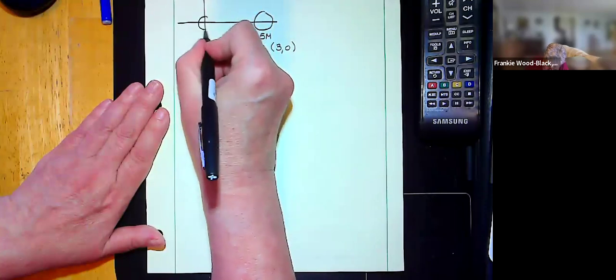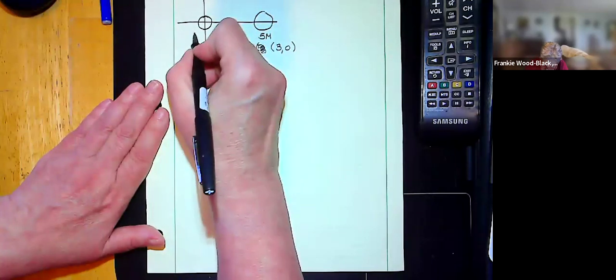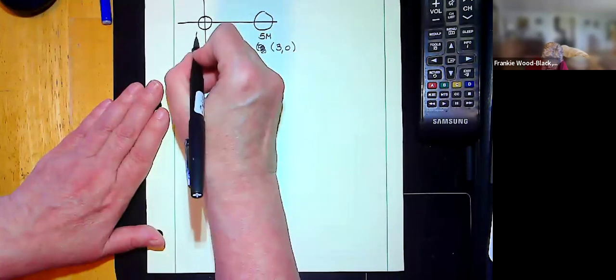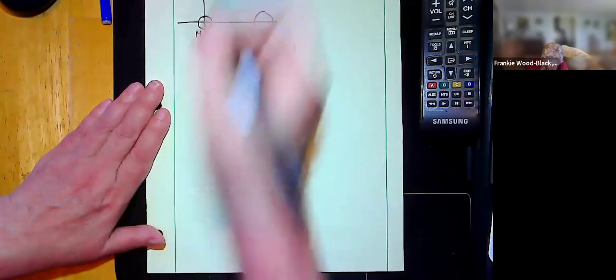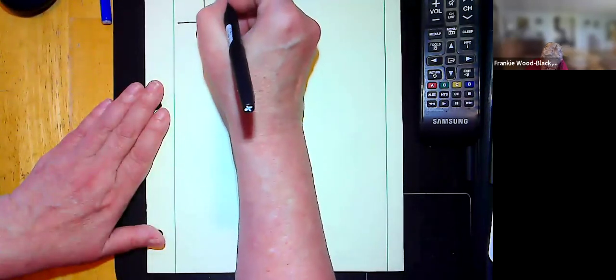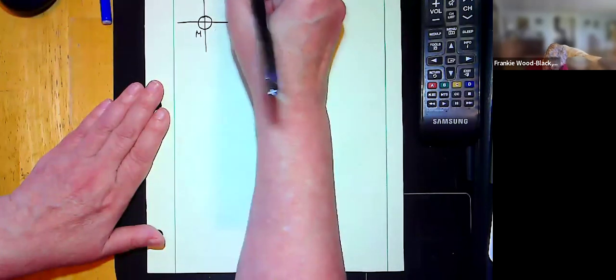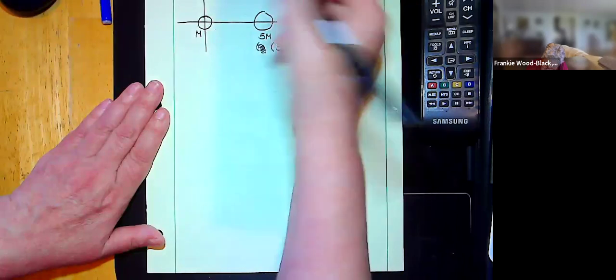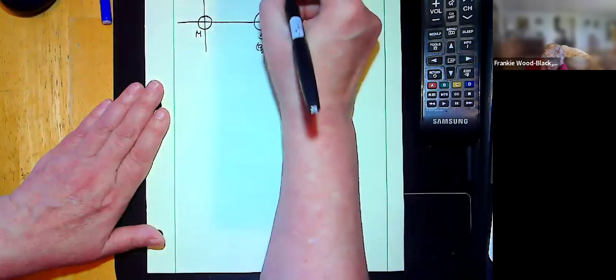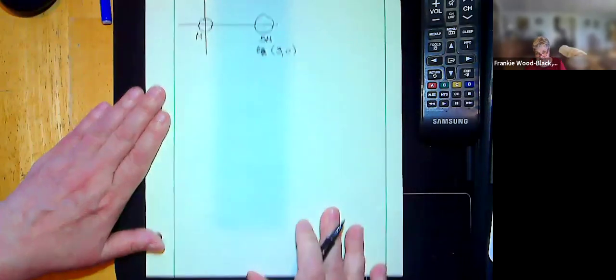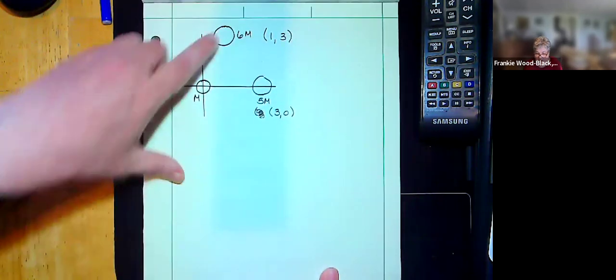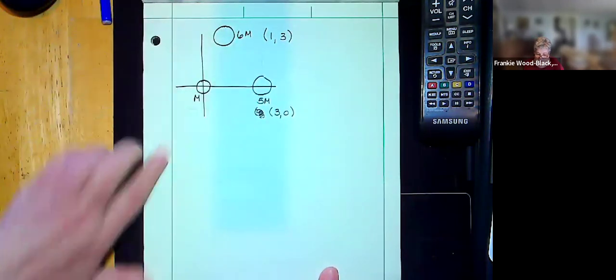I'm going to have an object at the origin, and we're going to call that one m. Then I've got an object here that's going to be 6m, and it's going to be located at 1, 3. So I've got 3 objects.